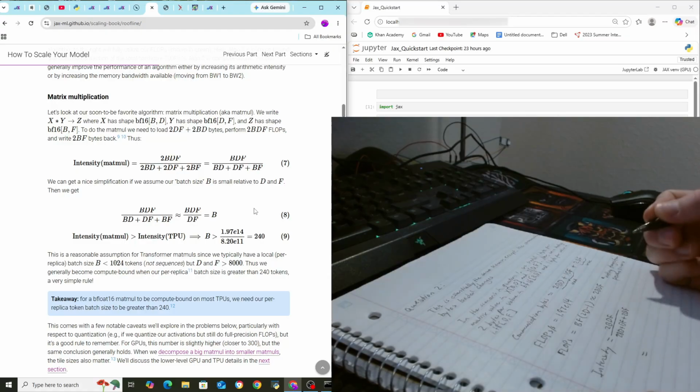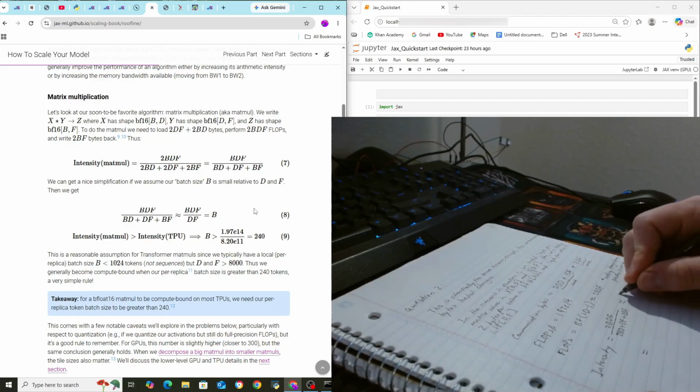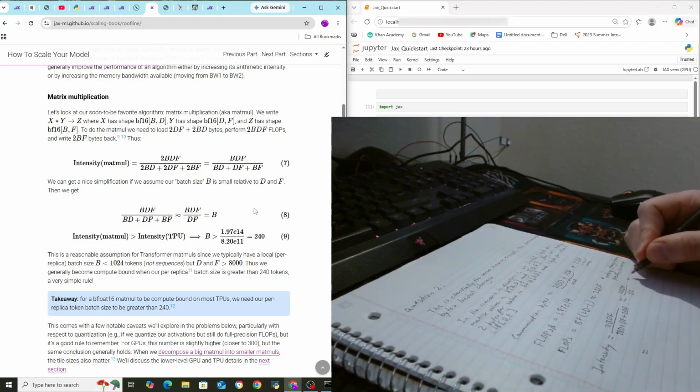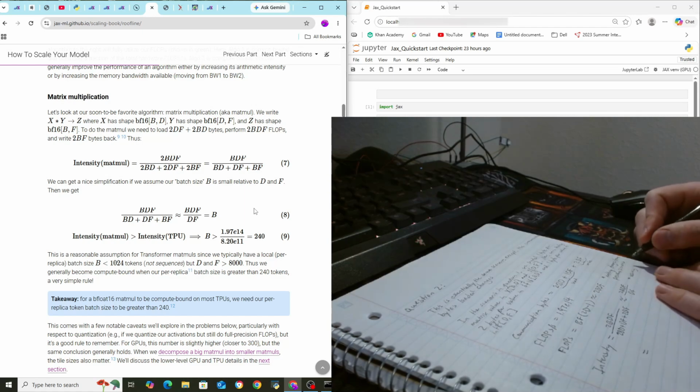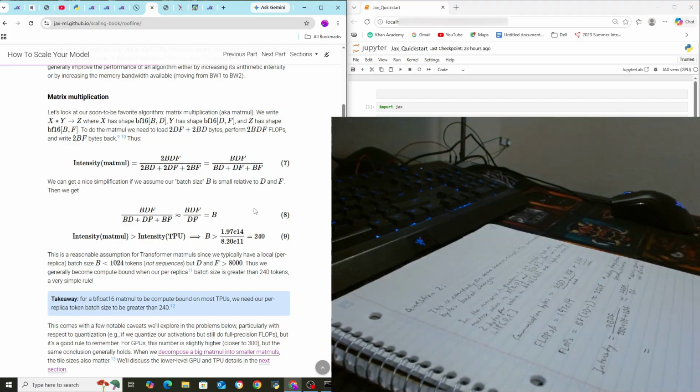Actually, let's assume that B is really, really small compared to D and F. It goes 2BDF divided by DF, assuming 2B is much, much less than D, and 2B is much, much less than F. So what was their... Yes, B should still be less, but not that much less.